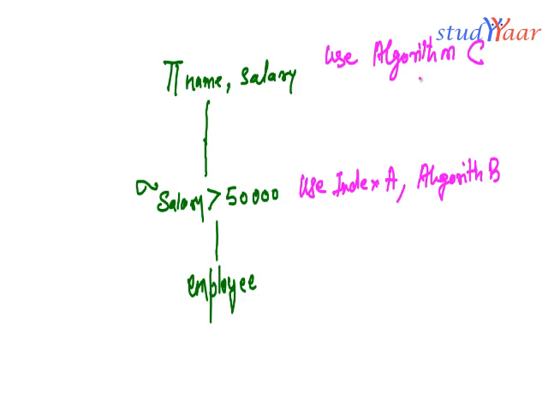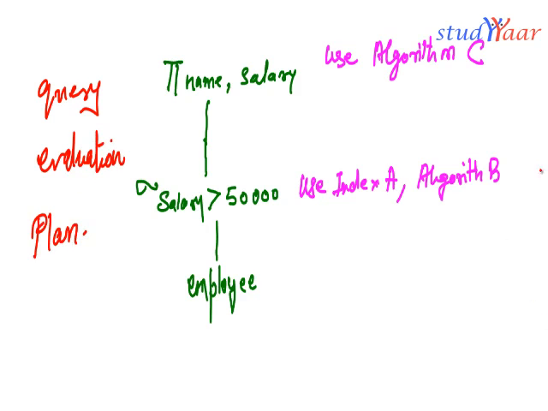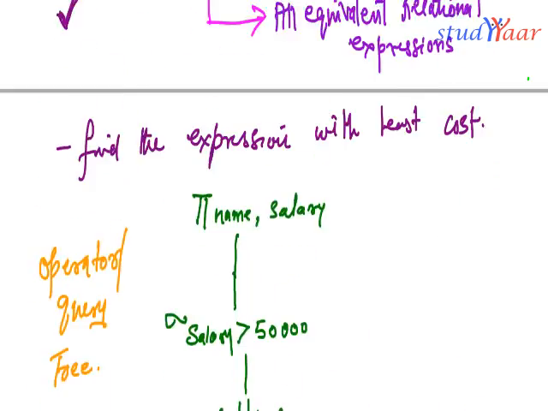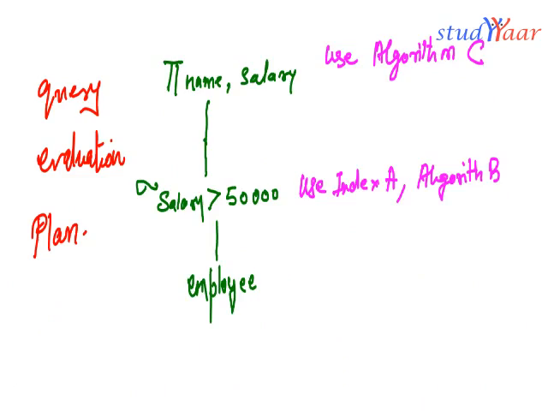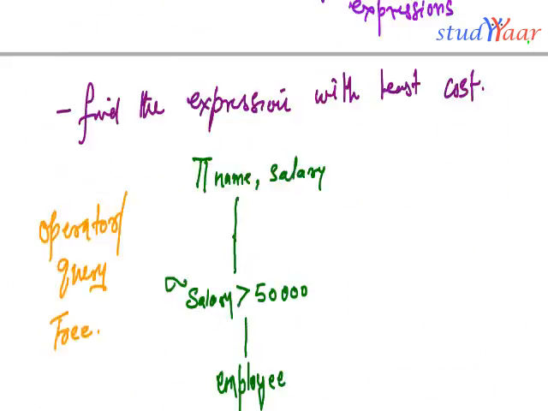Plan has the expression as well as the algorithm to reach the set of results. I call this my query evaluation plan. So the output of my optimizer is the query evaluation plan.